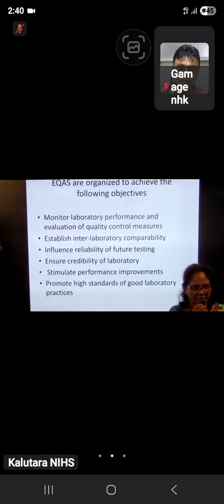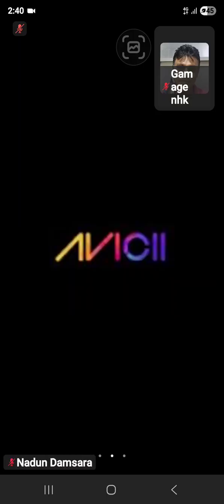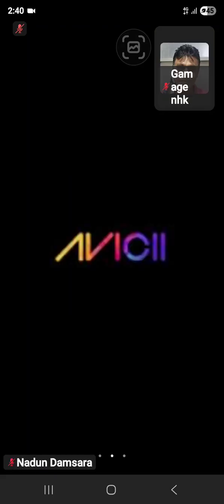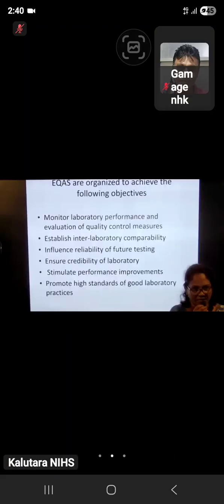Establish inter-laboratory comparability. So that is the thing you have to remember. Because there may be a lot of participating laboratories, they give the same identical material to those laboratories. Therefore, the comparison can be done. Influence reliability of future testing.